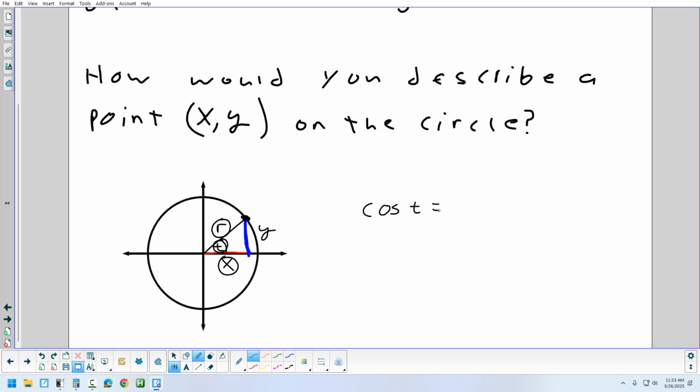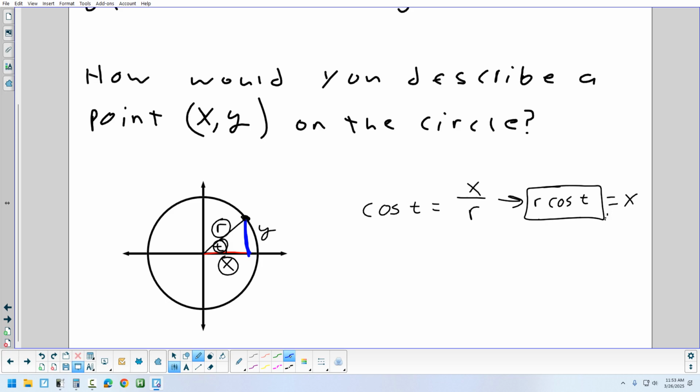X over r. And now I think we did something very similar to this. Solve it for x. r cosine t. Yep, r cosine t. You've just described to me how to find the x value of any point on a circle. It's the radius times the cosine of the angle.